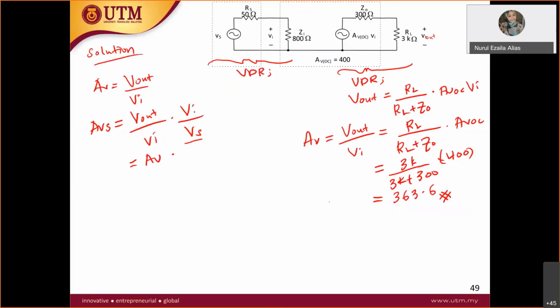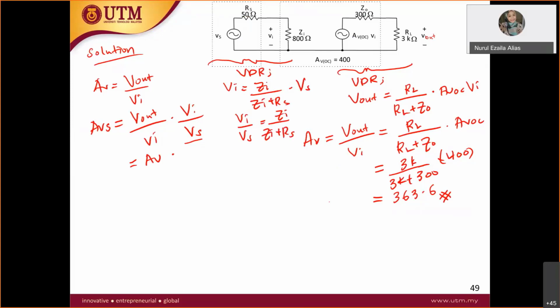V in is equal to Z in over Z in plus RS times VS. Manipulating the equation, you get V in over VS equal to Z in over Z in plus RS.